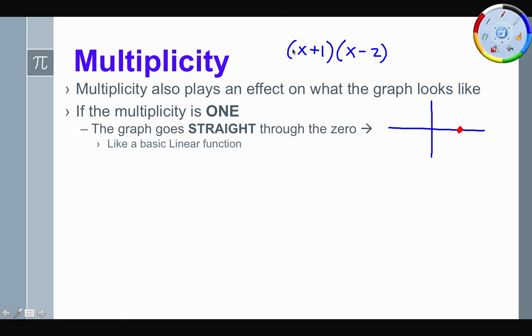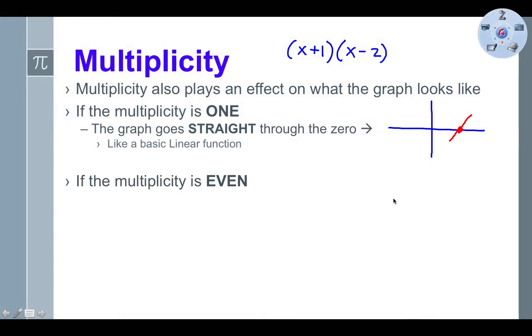We're not really thinking about this thing up here, but if we had a single multiplicity, it's going to go straight through that zero, kind of a straight line. And it could either go this way or it could go down. It depends on all of the other stuff combined, all of the end behavior, leading coefficient, all that kind of stuff. We're going to connect all of these pieces together in a few minutes.